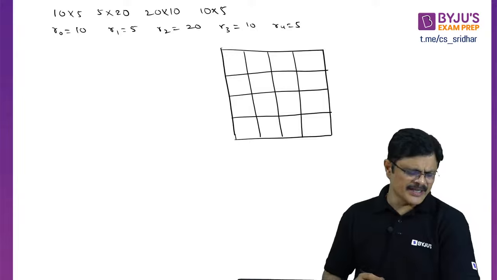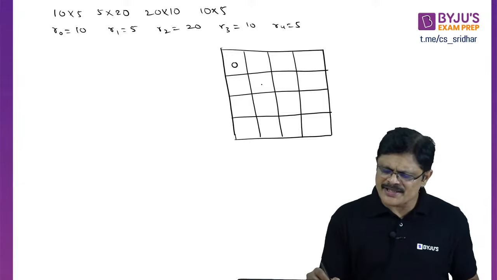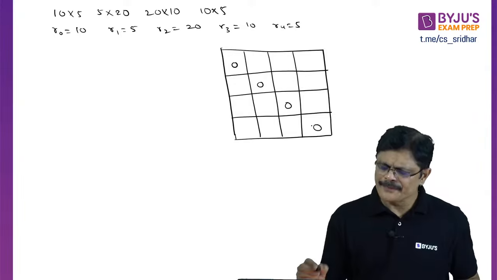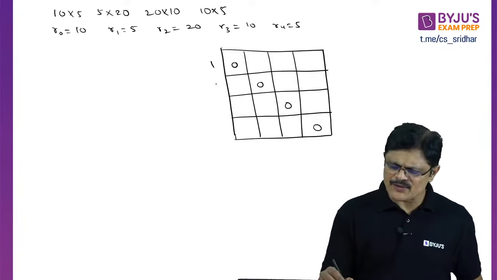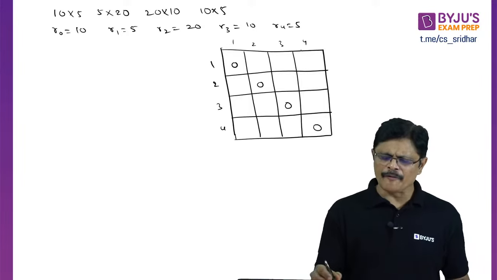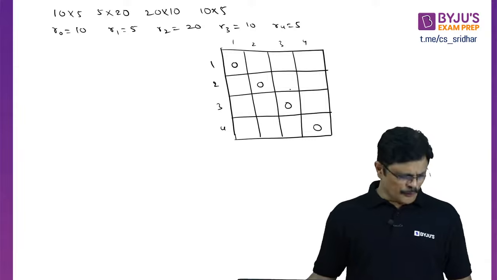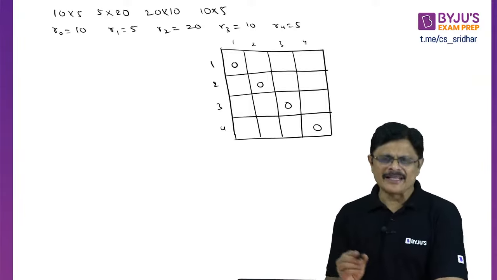Yeah, same, Siddhant, same thing. So here we start with all these zeros and the story starts, my dear friends. This is 1, 2, 3, 4 and this is also 1, 2, 3, 4. You have to find 1, 2, 2, 3, 2, 4. First we find these fellows. Now let me tell you how to find this.